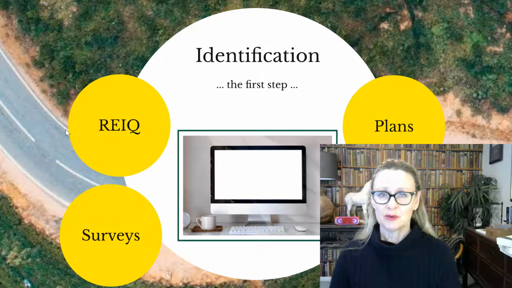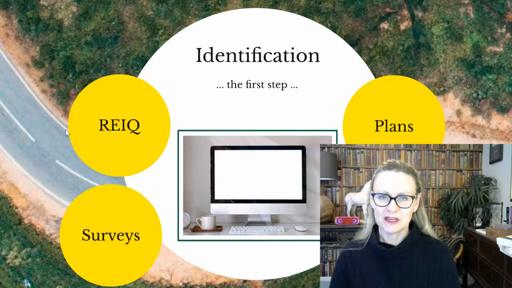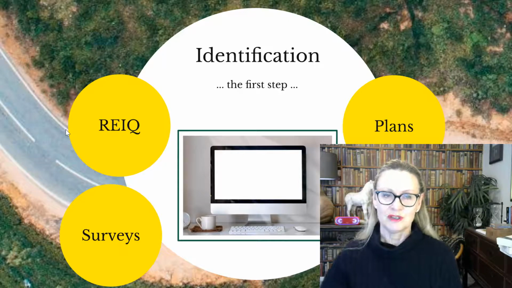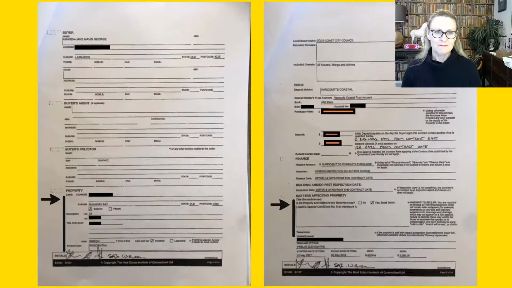And then there is the issue of surveys and whether you need to get them, and whether the survey or the description in the contract will win the day. In terms of what the text says, it goes into a fairly detailed description about what's in the REIQ standard form contract in terms of describing the subject matter, and I actually thought it would be much easier to just take you to the contract so you can see it for yourself.